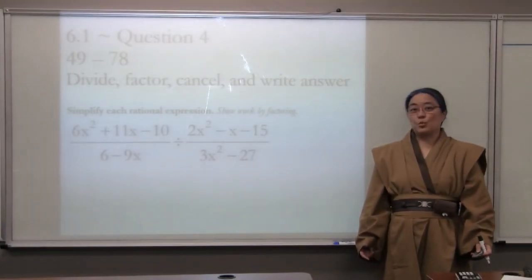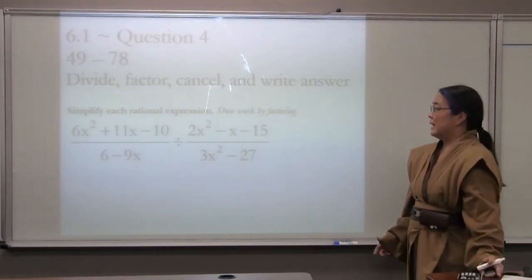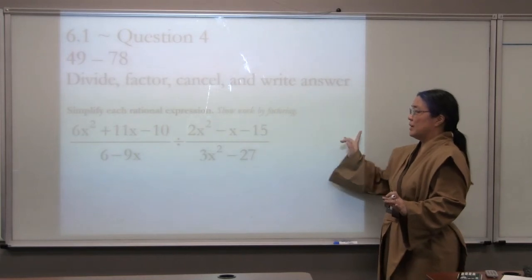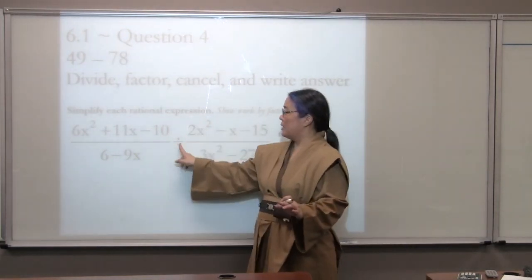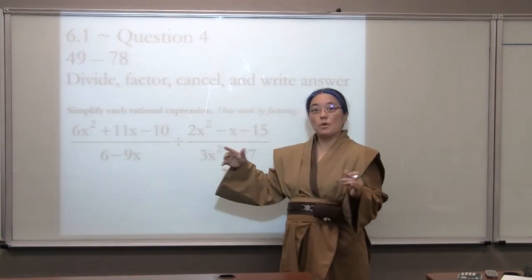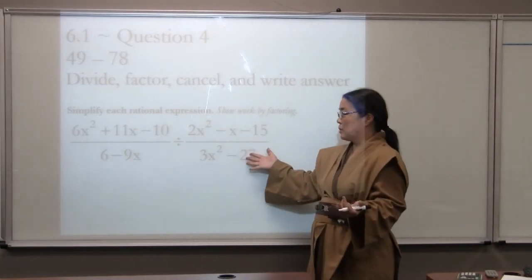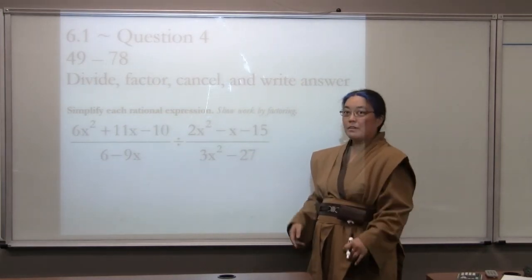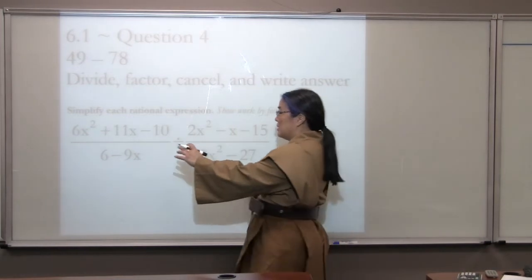Chapter 6, Section 1, Question 4. Again, we're going to factor, cancel and write a better answer, but before that, we have a division symbol. We're going to have to multiply by the reciprocal, or many of you learned to copy, dot, flip.